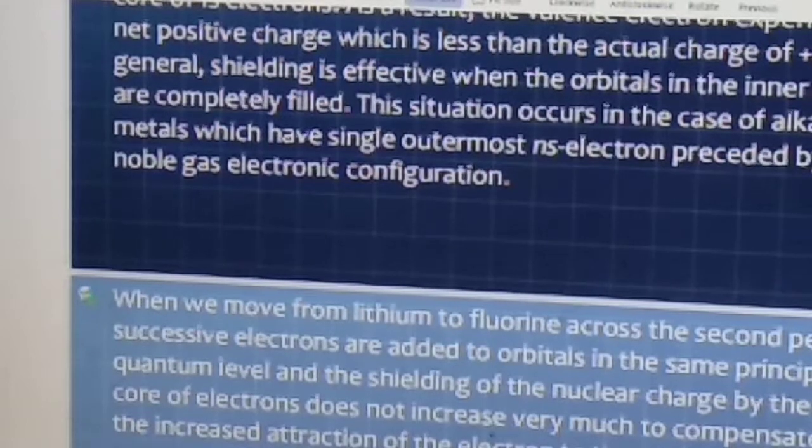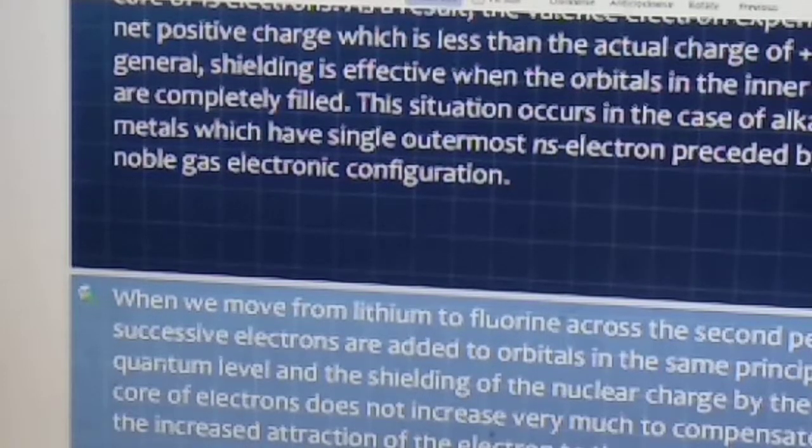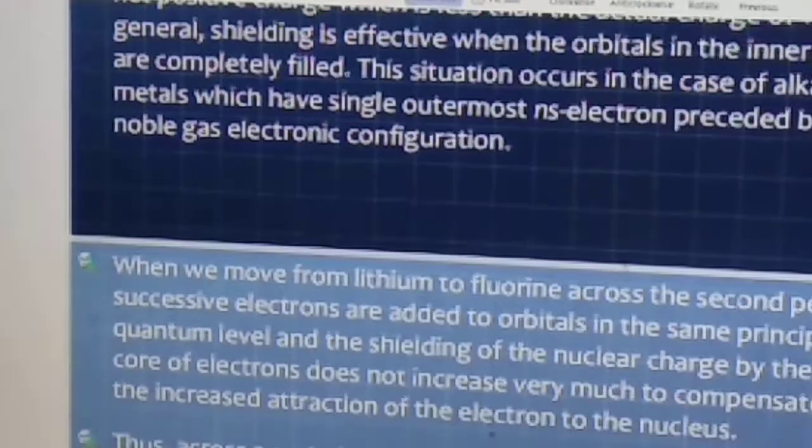And the shielding of the nuclear charge by the inner core of electrons does not increase very much to compensate for the increased attraction of the electrons to the nucleus. So this is very, very important. When we move from left to right, the shell number is not increased, but electron number is increasing in the same principal quantum level.